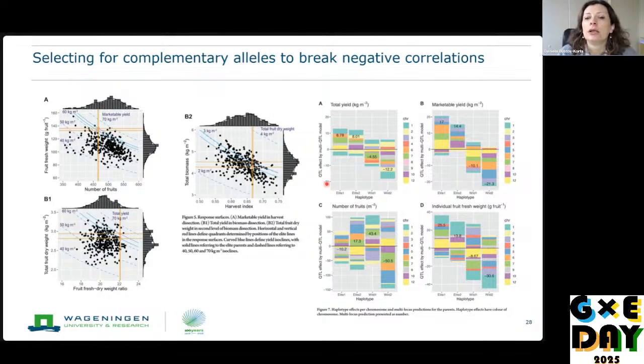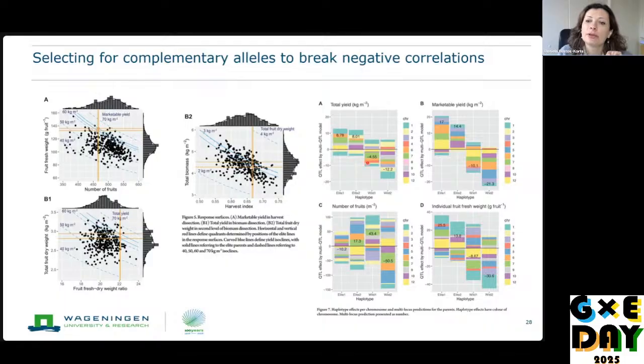So here we have different chromosomes, and we see, for example, here that we have the 0 line. So all those alleles that are above mean they are good. They are good for yield, the marketable yield, so the nice tomatoes, the number of fruits, and the individual fruit fresh weight.